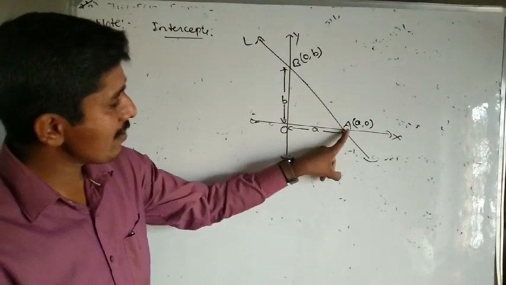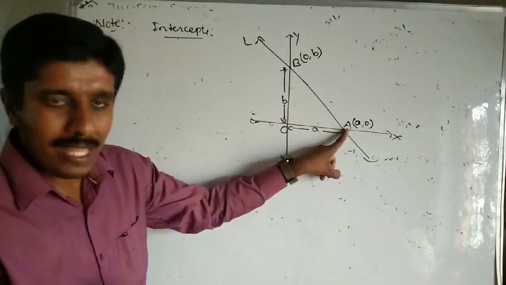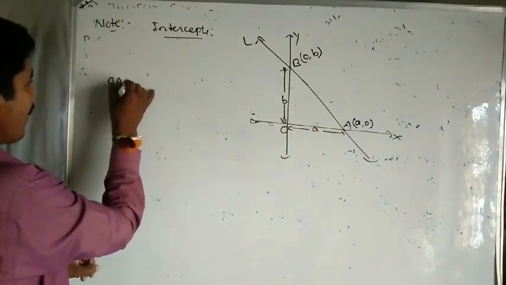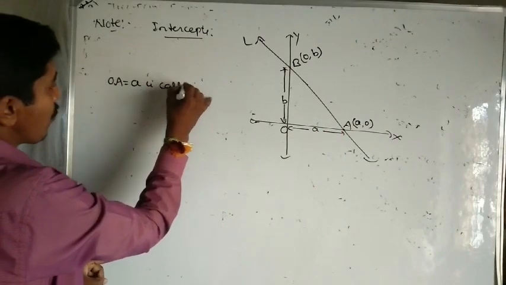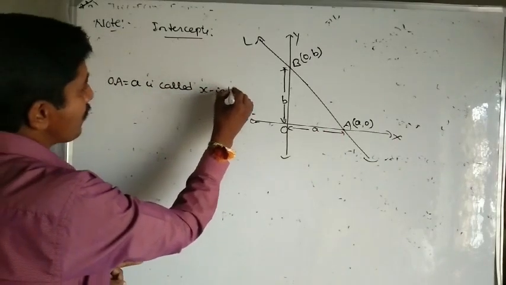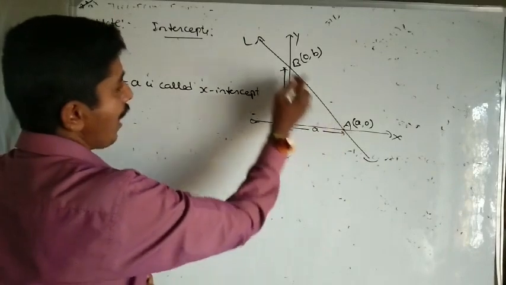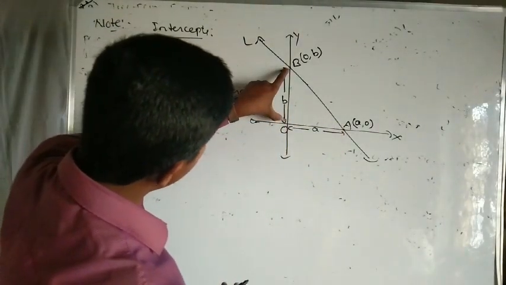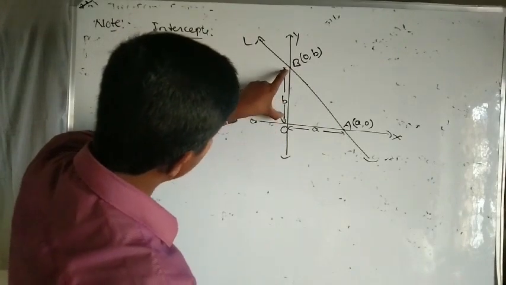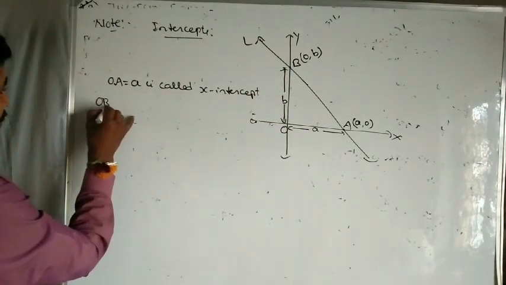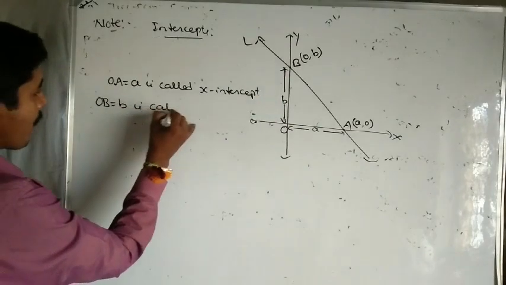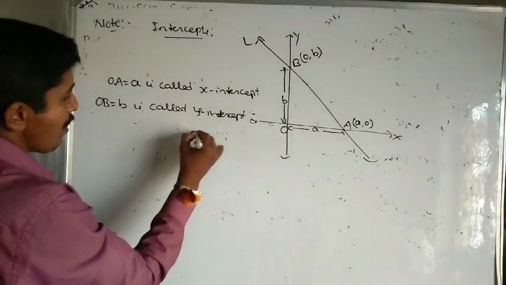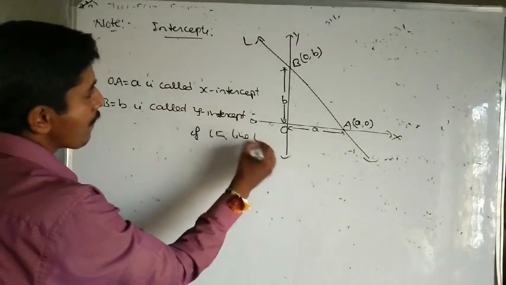See, this line cuts the x-axis at point A, and the distance is denoted a. Here OA equal to a is called the x-intercept of the line L. On the y-axis, this distance OB is denoted b, here OB equal to b. This is called the y-intercept of this line.